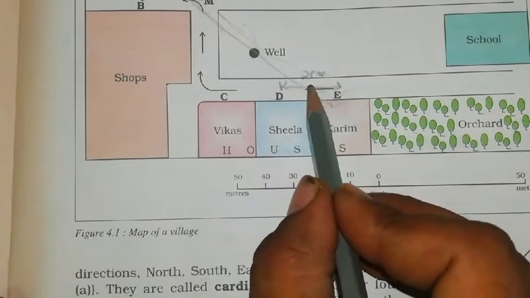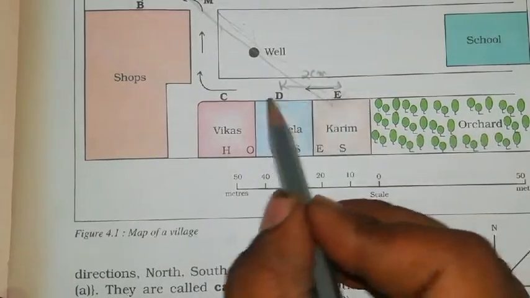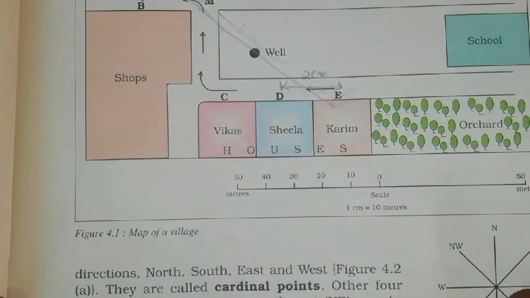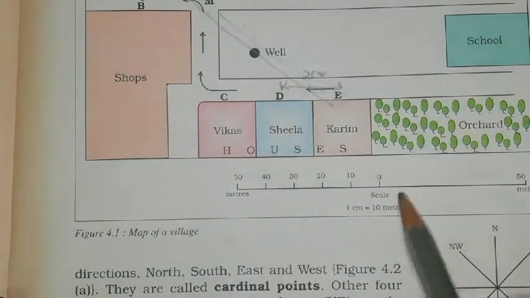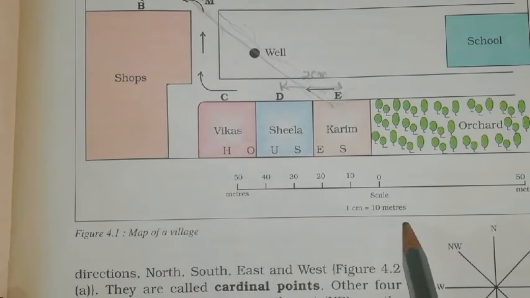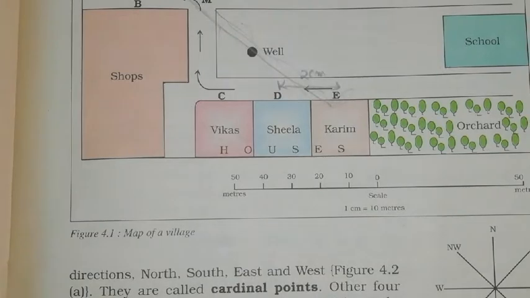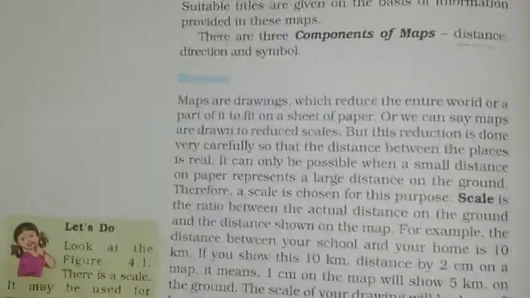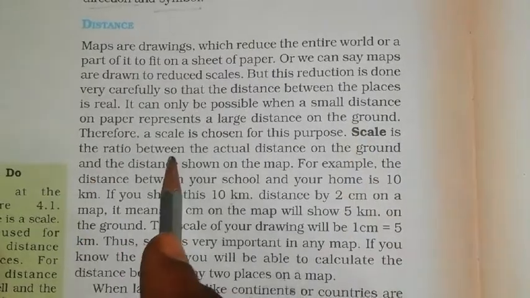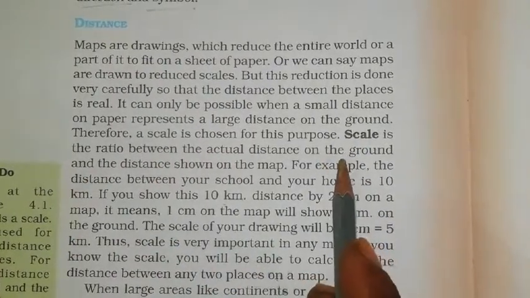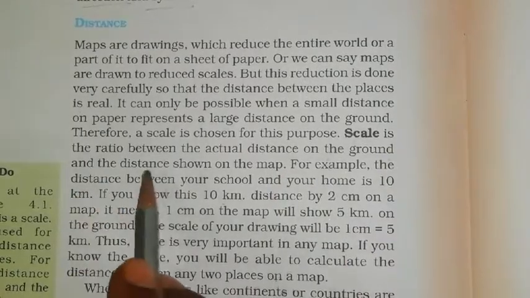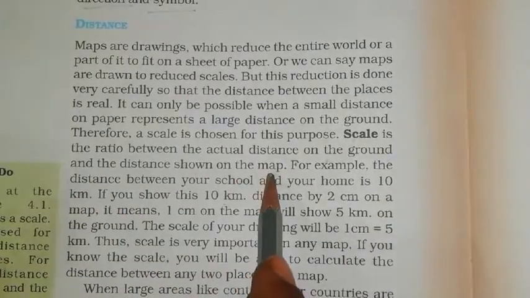So it is 2 centimeters, then the actual distance from E to D will be 20 meters, because 1 centimeter is equal to 10 meters. In this way we have to use the scale and distance. So look, scale is the ratio between the actual distance on the ground and the distance shown on the map.